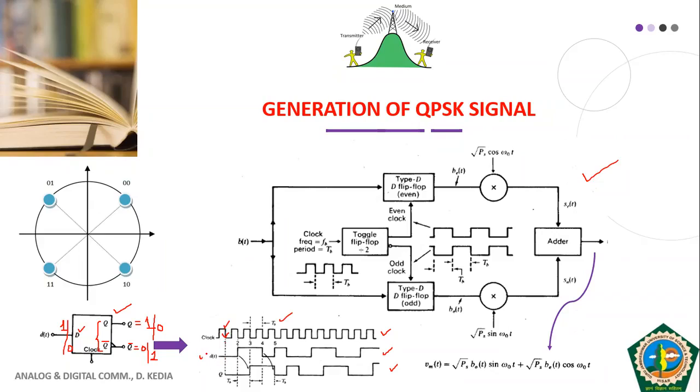This is our input bit stream D(t). Just before this active edge, my input is 0, so this 0 will be transmitted at the output of the flip-flop, that is Q. Now the next negative going active edge comes at this point.